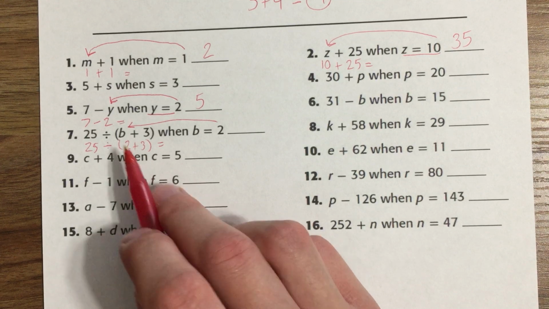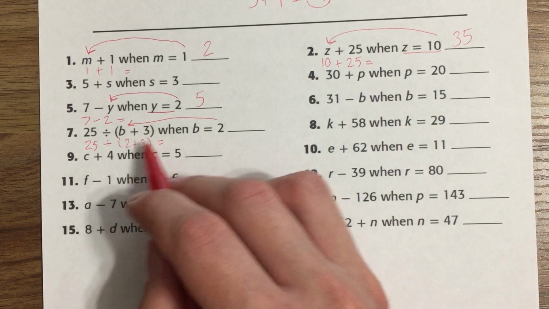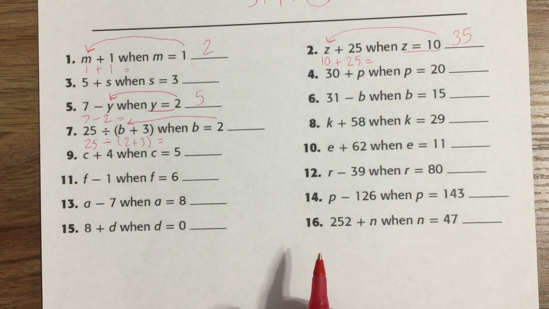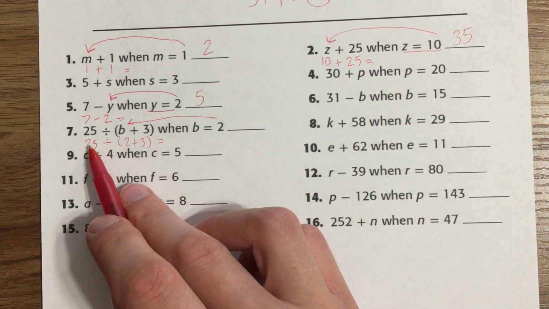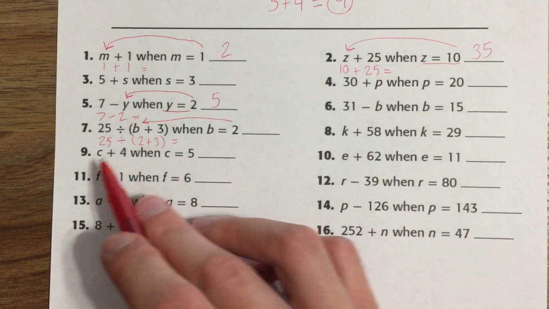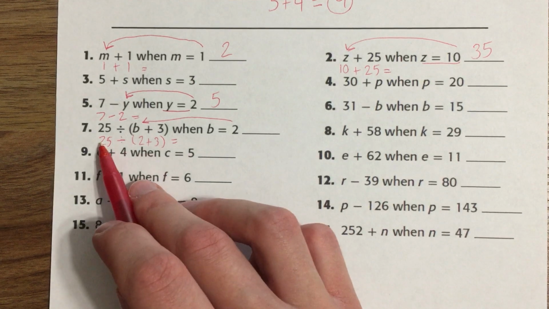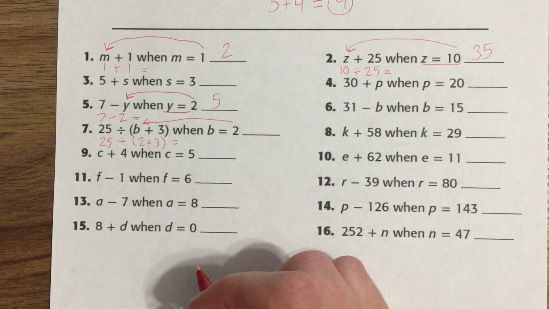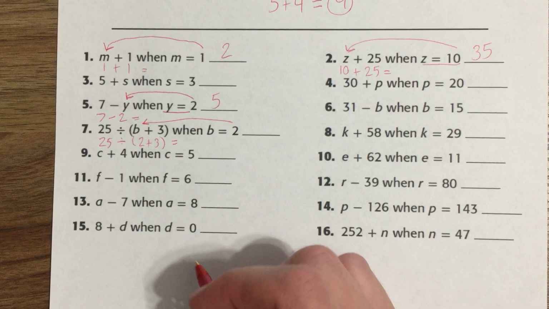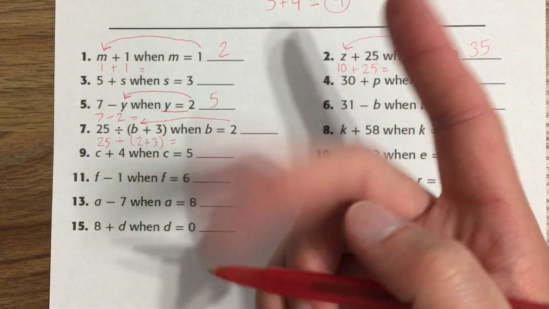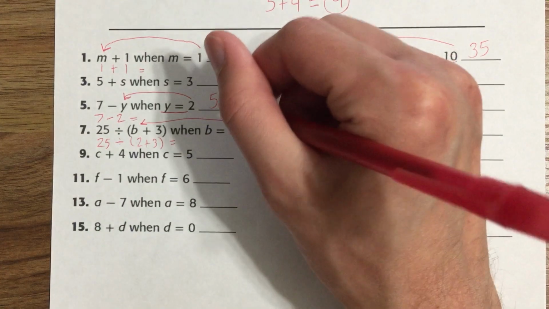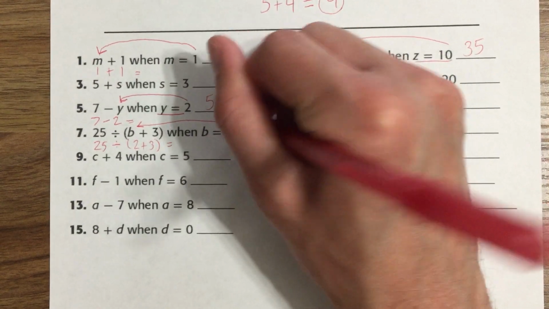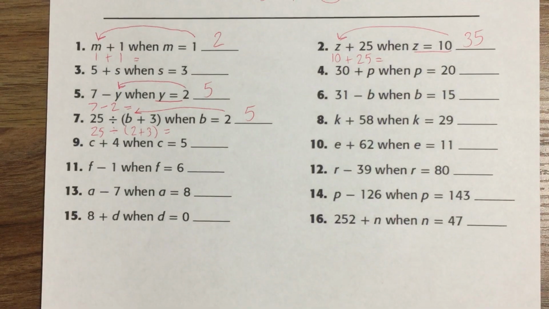That's 5. We need to start inside the parentheses, inside of these little curved things. If there are curved things called parentheses, we start inside of there. But 2 plus 3 is 5. Then we can go from left to right, just like we're reading a book. 25 divided by 5, well, how many 5s are in 25? You count by 5s: 5, 10, 15, 20, 25. There are 5 groups of 5. So our answer there is 5.